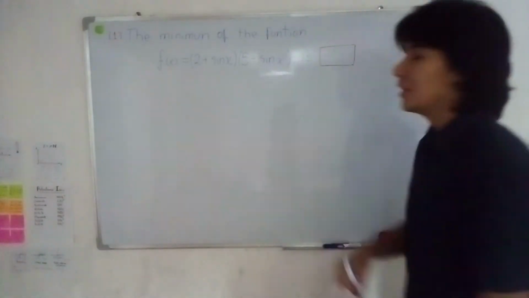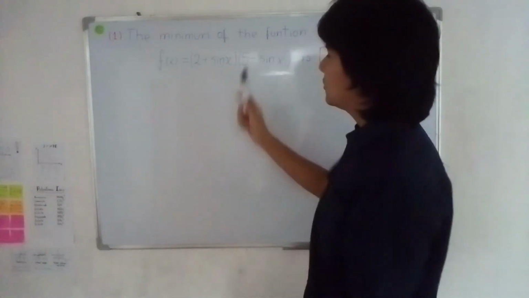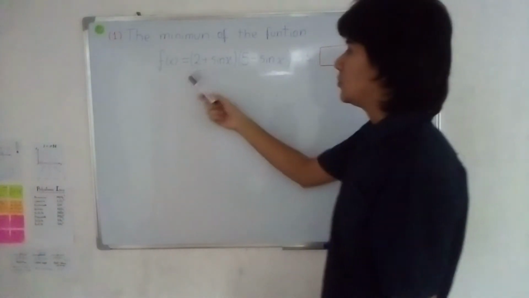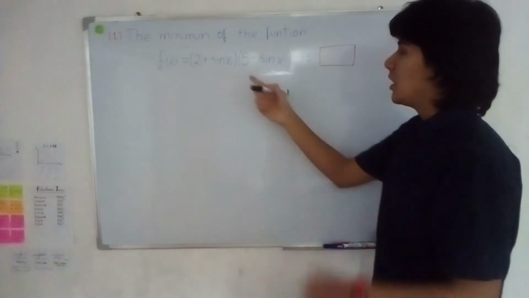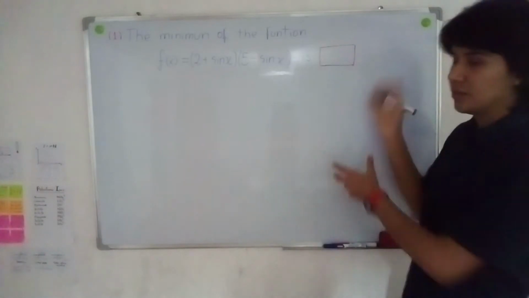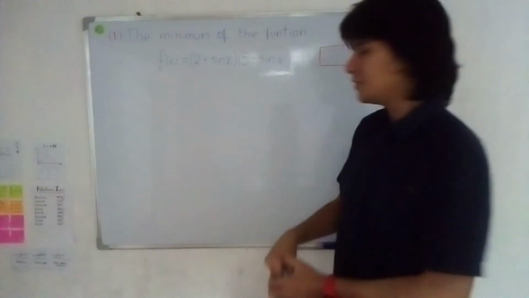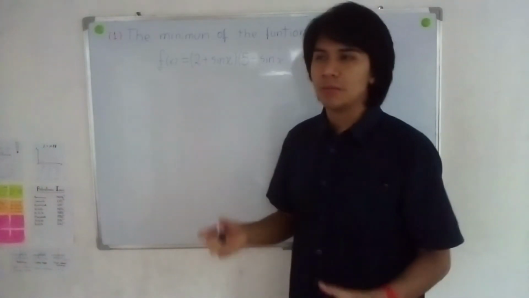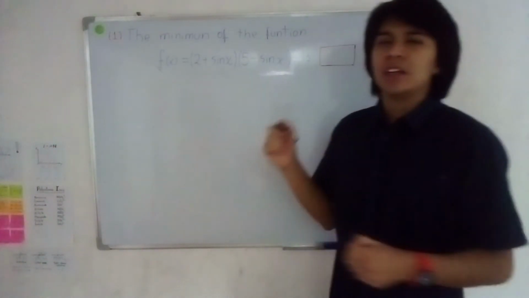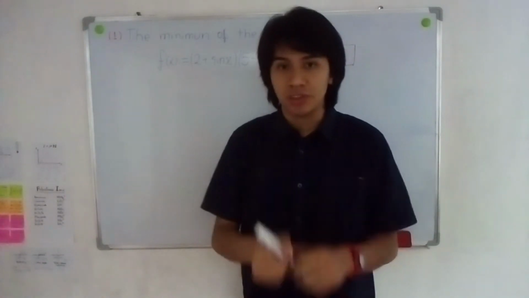The first question is: the minimum of the function f equal to 2 plus sine of x times 5 minus sine of x is blank. It's not very easy, but we have to know the formula of the critical points.